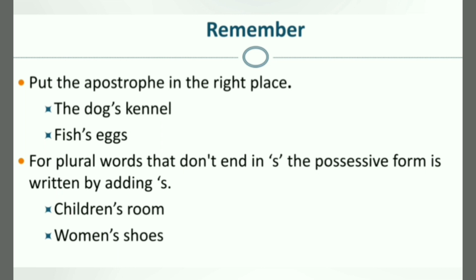For plural words that don't end in S, the possessive form is written by adding apostrophe S. For example, children's room or women's shoes.